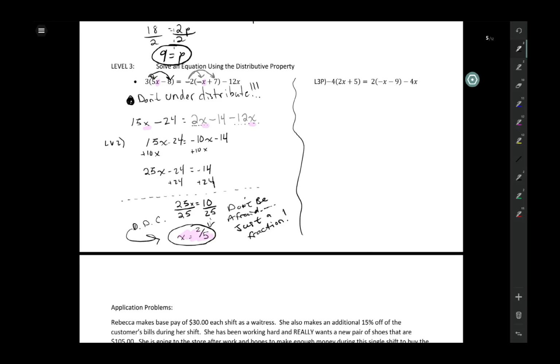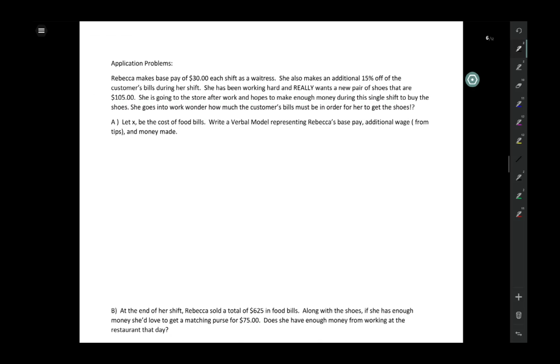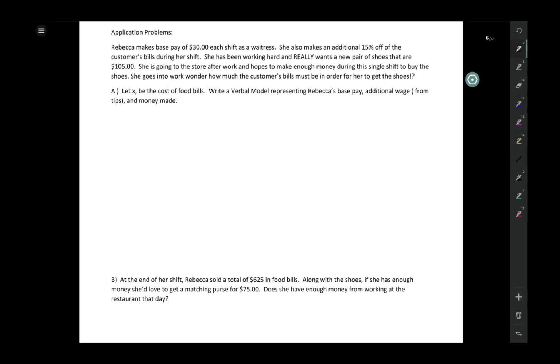Now, application problems. So we do need to focus on these because applications are really where the math is, okay? It's fine that you can do the concept stuff, but we just get so afraid of application problems. But this is where math is used, okay? Applications.